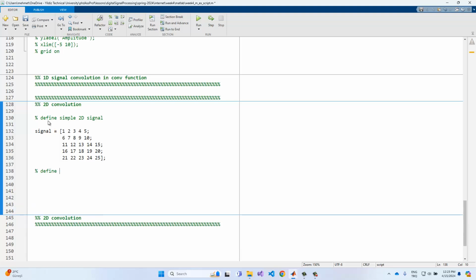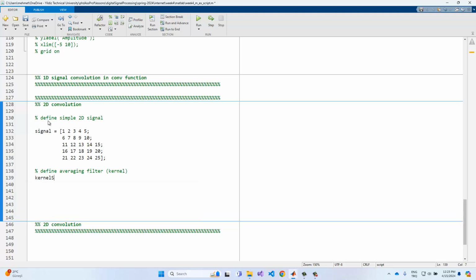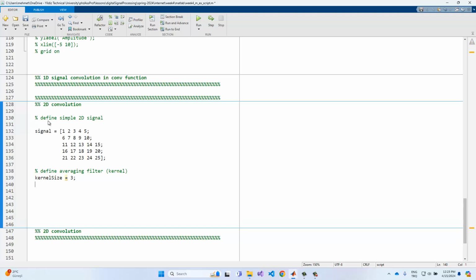And after that we should define the averaging filter, which we call the kernel, okay. In 2 dimensions we can say that this is the kernel, okay. Firstly we need to give the kernel size in here just like this one, and so the kernel can be defined with the ones of kernel size, kernel size, divided by kernel size times kernel size, okay.